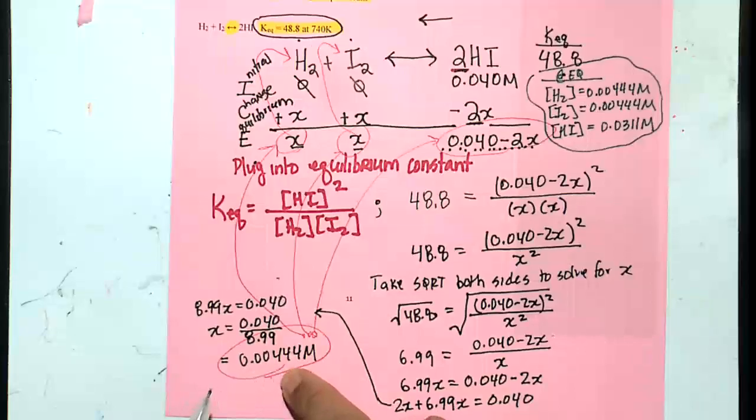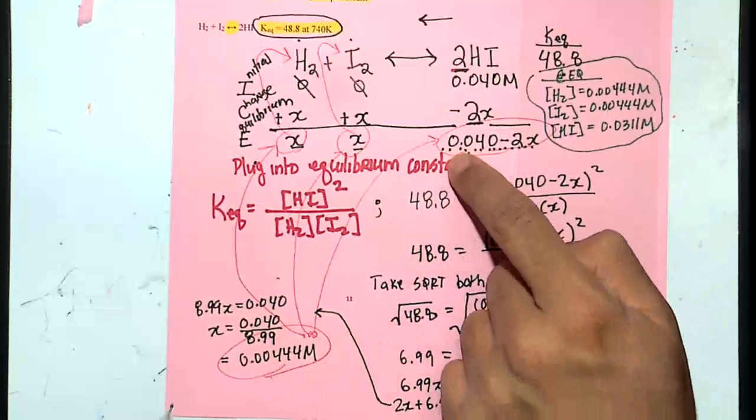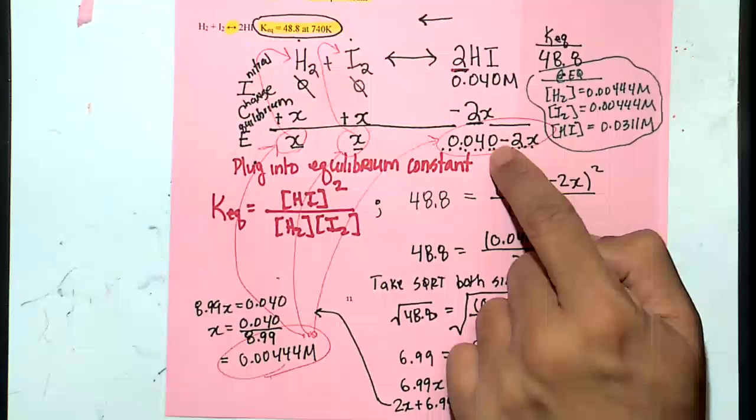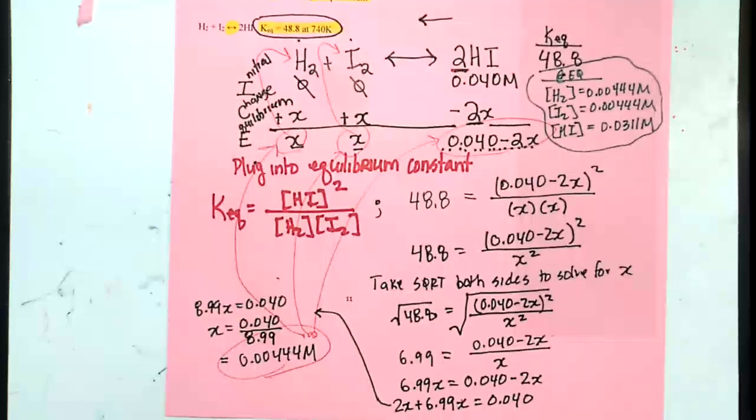You take this, 0.00444, it's x. This is what x equals. So it's going to be 0.040 minus 2x. So 0.040 minus 2 times this x. Okay, so this part. I see why you did your arrows.